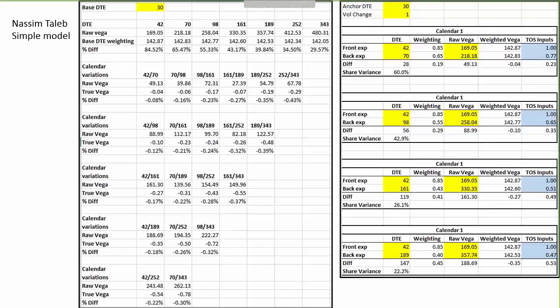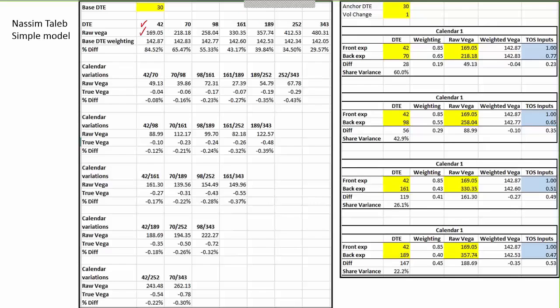So first thing, what we're looking at here is we're looking at the DTEs of different expirations. And I pulled this like 2 days ago, okay, into this particular spreadsheet. So they're all very recent numbers. So we've got the dates to expiration of each option, and then what the actual raw Vega is of that particular option as shown in the software.